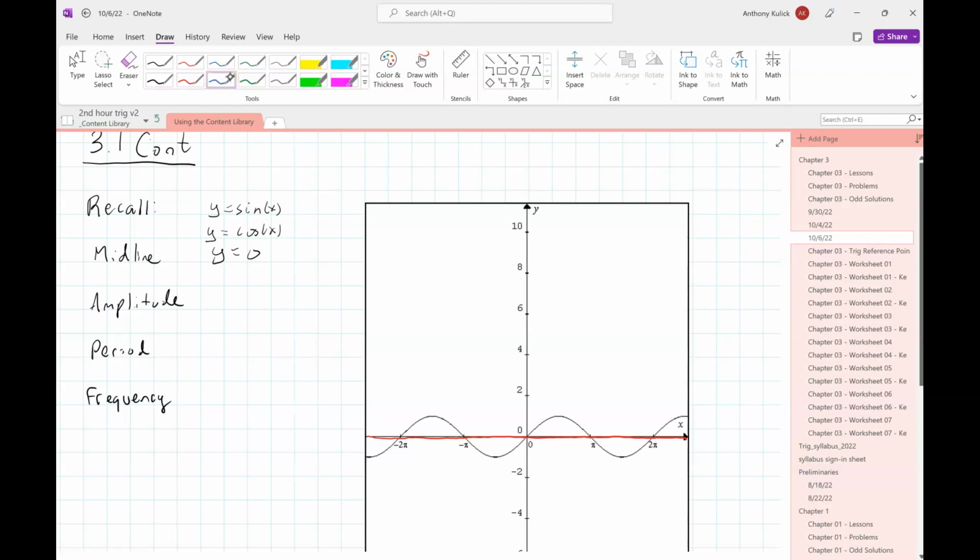The amplitude was the distance from an extrema back to the midline. So for sine or cosine, that was just 1. The period was the length of the longest non-repeating section, the horizontal distance.